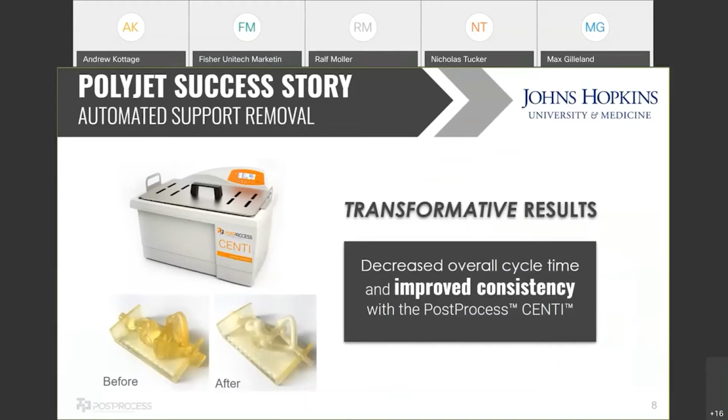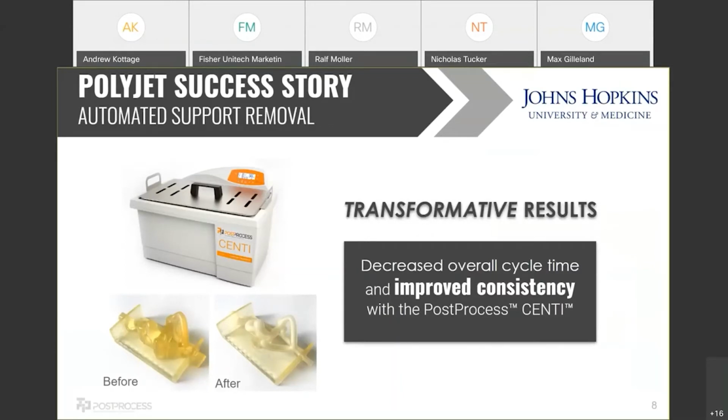So you can see some of the challenging geometries that they've had, and some of these geometries might look familiar to some of you, some of these organic shapes that the medical industry is creating for just medical models, simulations for maybe surgeries and so forth, these anatomical models. And essentially what summarizes Johns Hopkins' success is really just decreasing the overall cycle time and improving the consistency.